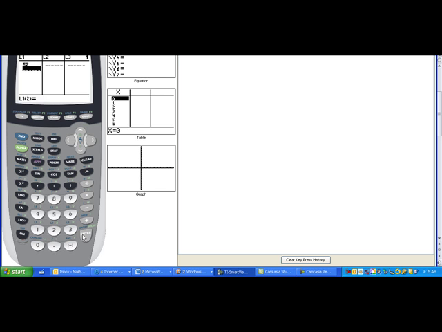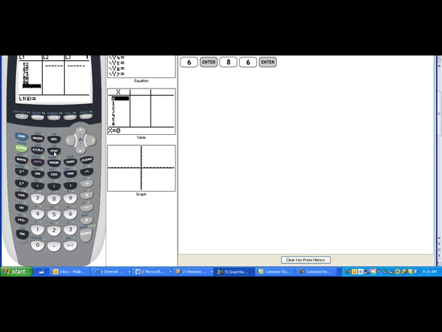So I'm entering 52 and 65 and 71, 86 twice. So those are my 5 temperatures.